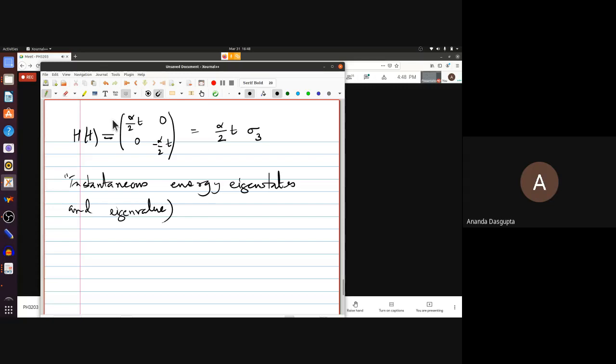It's a simple 2 by 2 matrix. Tell me what the eigenvectors are. This is one of the simplest ones, which I'm pretty sure you all know the answer to. After all, this is a diagonal matrix, right? So the eigenvectors should be trivial. Come on, this is the kind of question which you should kick yourself for not being able to answer.